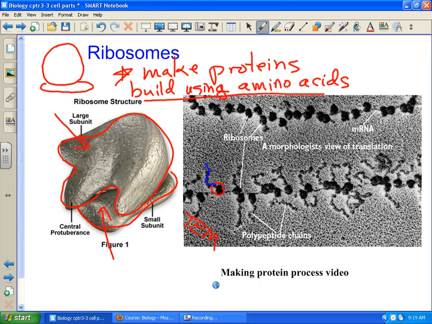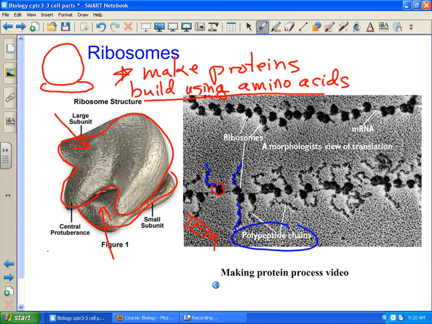So this little thread thing snaking out is the actual protein. And they're calling it a polypeptide chain, but polypeptide just means protein. So what you're actually seeing is a view of proteins being constructed out of this ribosome.